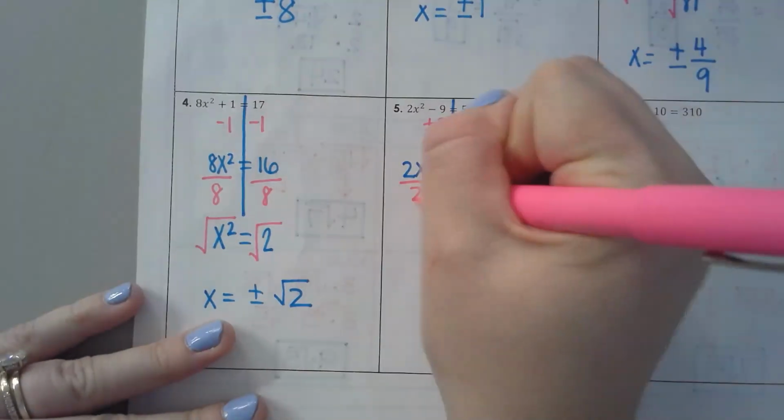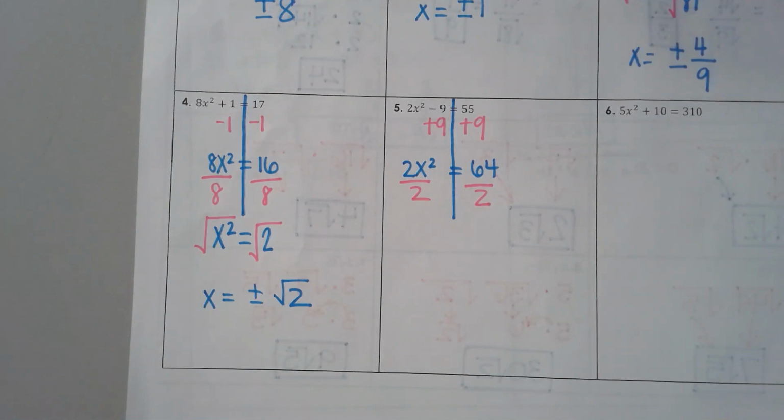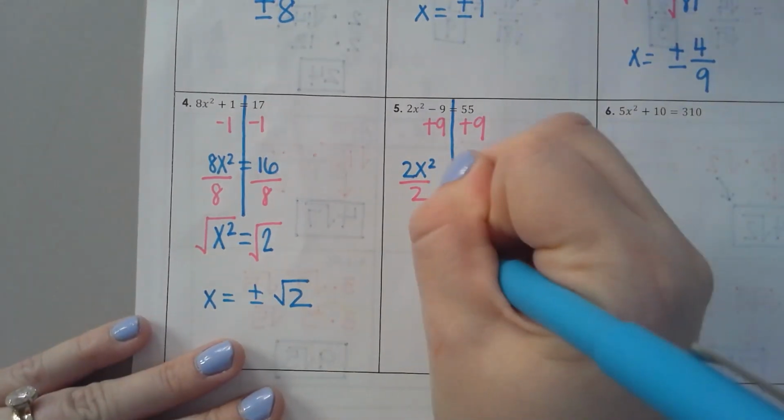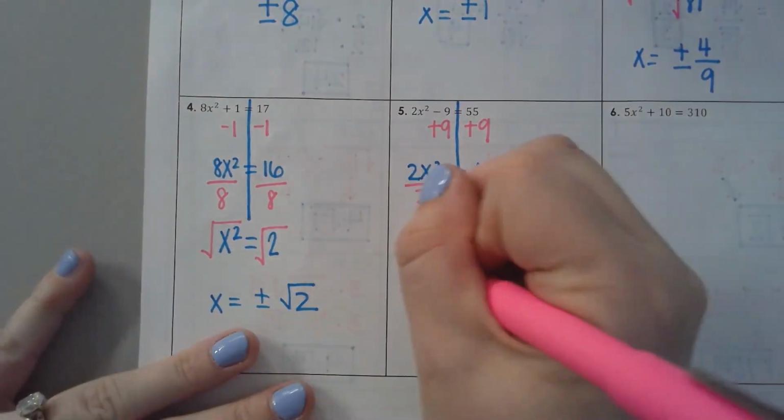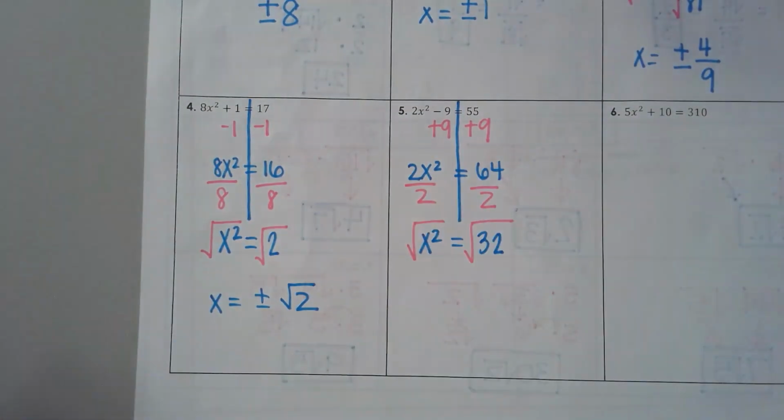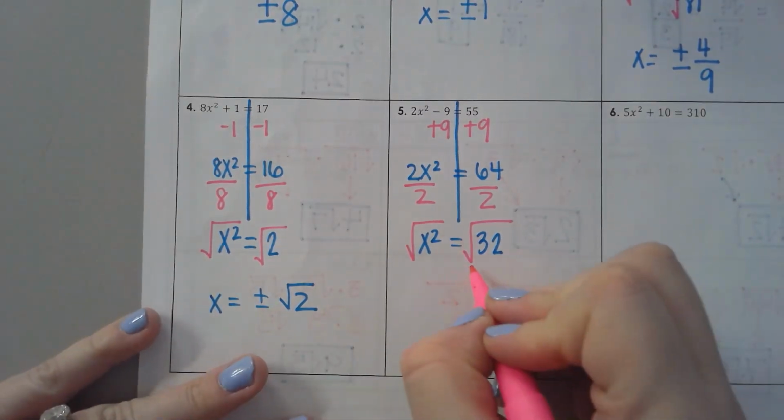Divide by 2. x squared equals 32. Square root. Is 32 a perfect square? No. But could I find a perfect square that goes into 32? Yeah. Guess what? We did this one on the front page.